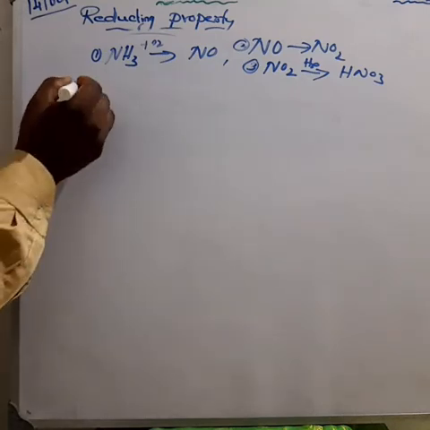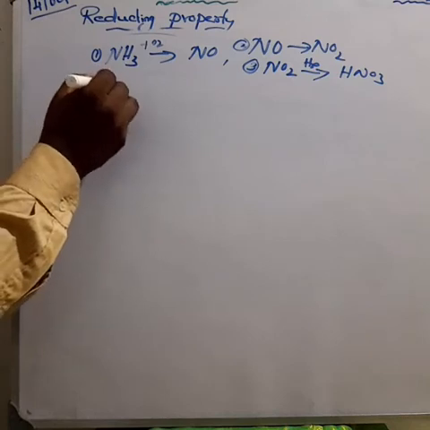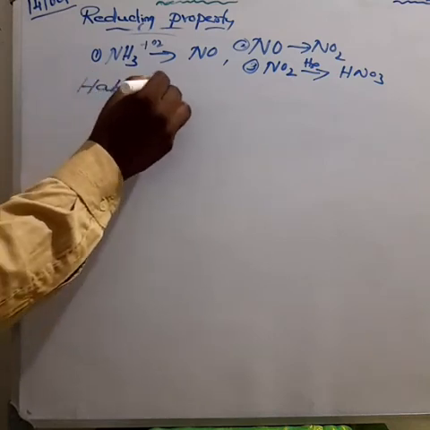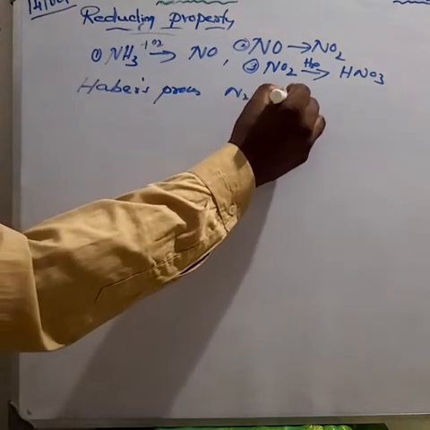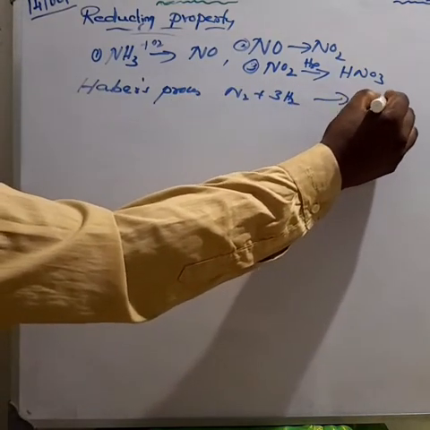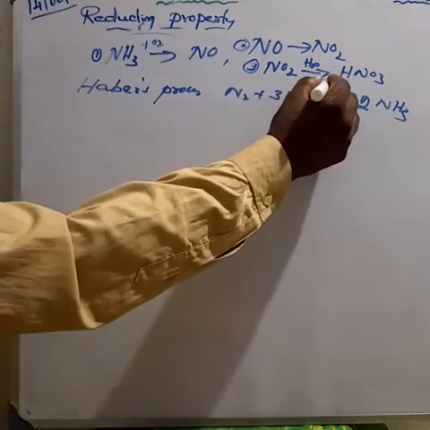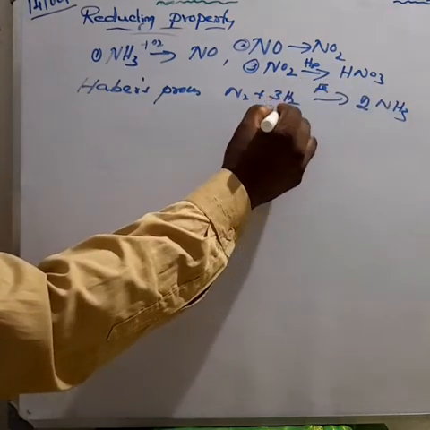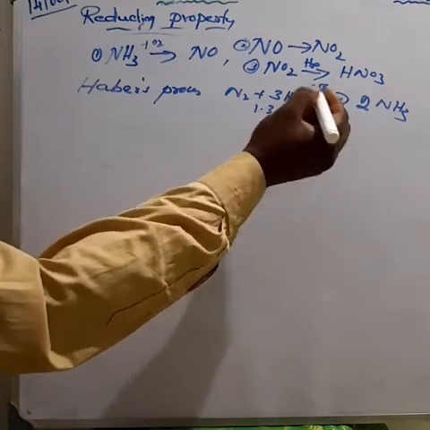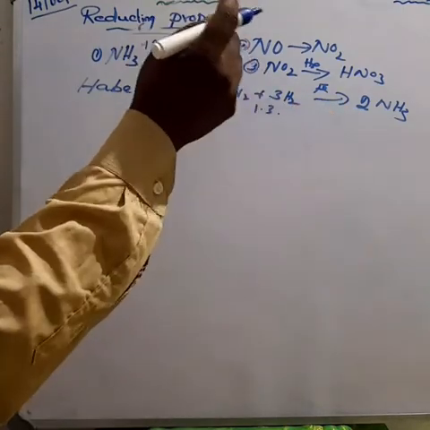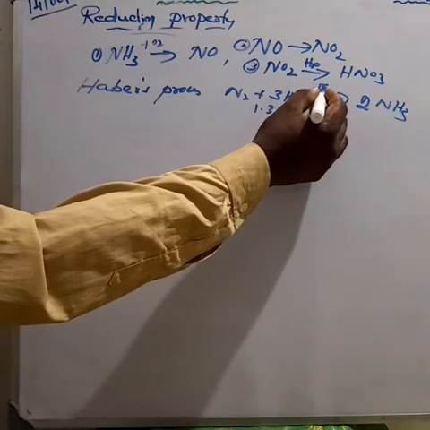Ammonia preparation. The previous day we discussed that ammonia is prepared by Haber's process. What is Haber's process? 1 molecule of nitrogen combines with 3 molecules of hydrogen, we get 2 molecules of ammonia. Am I right? The ratio is 1:3. Here we are applying temperature, pressure, catalyst.